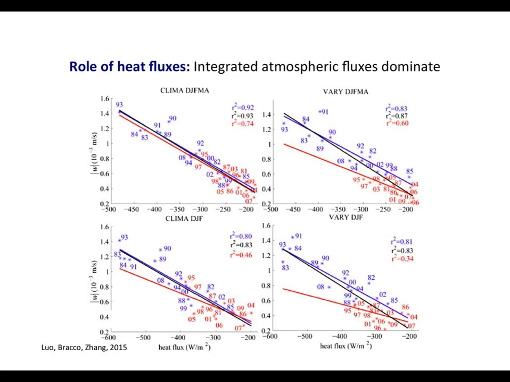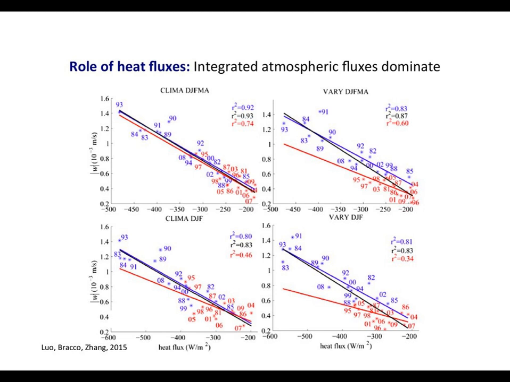So the first thing I want to show you here is a correlation between heat fluxes and convection. Just focus on the two columns to the right. We divided the years from 1980 onward into strong convective years in blue and weak convective years in red.